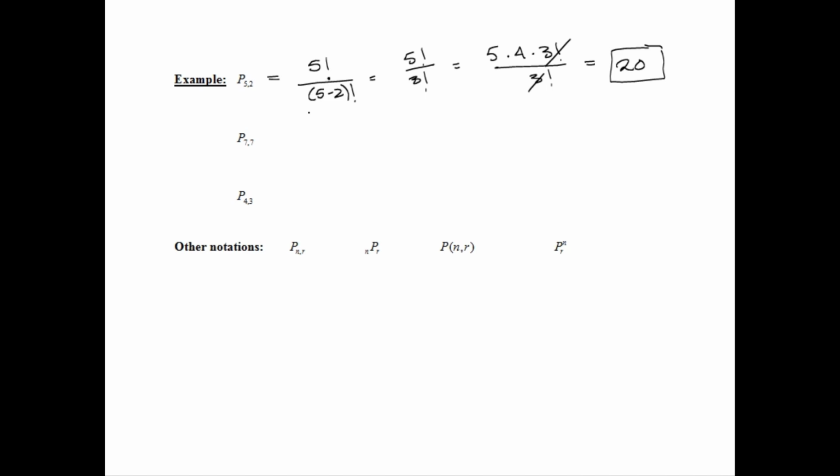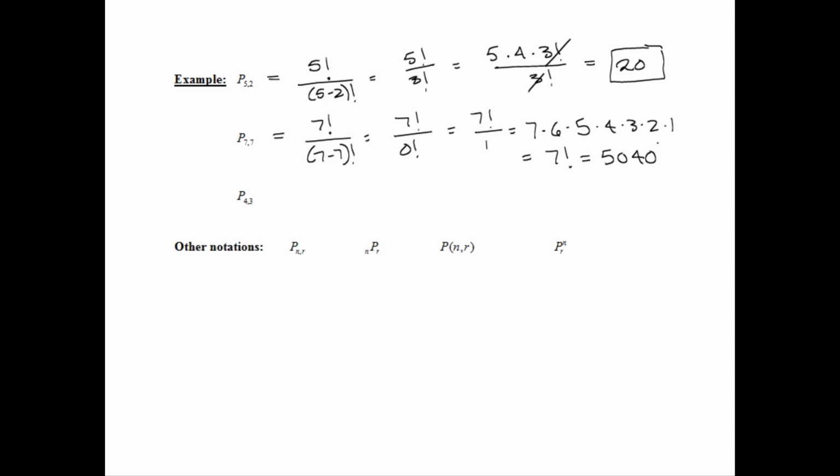Next, 7 factorial. Here you've got 7 factorial divided by 7 minus 7 factorial, which is 0 factorial. So this will be 7, 6, 5, 4, 3, 2, 1, which we'd usually just write as 7 factorial, and you'll end up with 5,040.